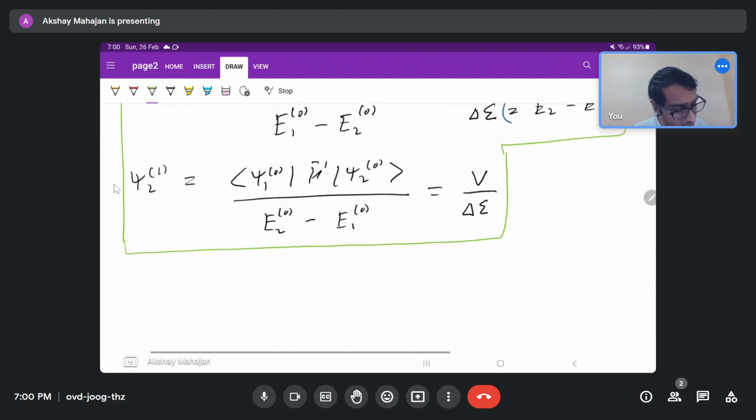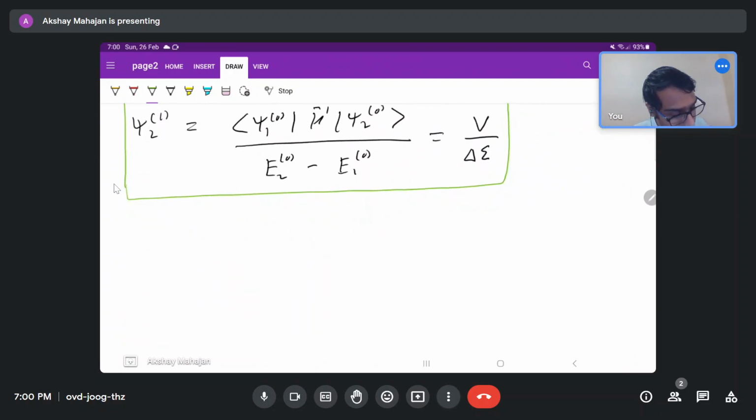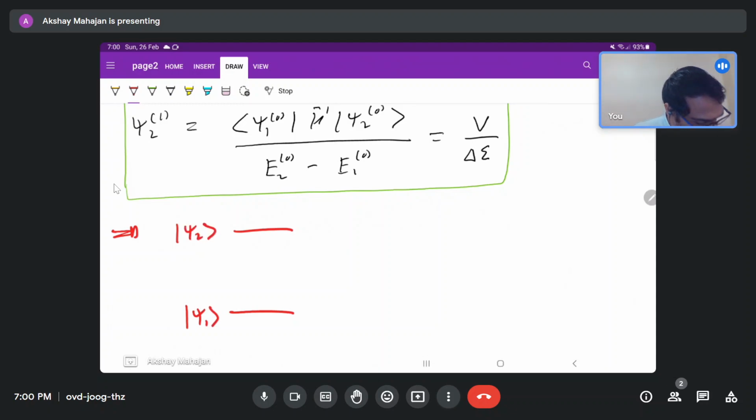Now what we are seeing is we have two states. We have a psi 1 state, the lower energy state, and a psi 2 state. Let's say the energy difference between them was delta epsilon.